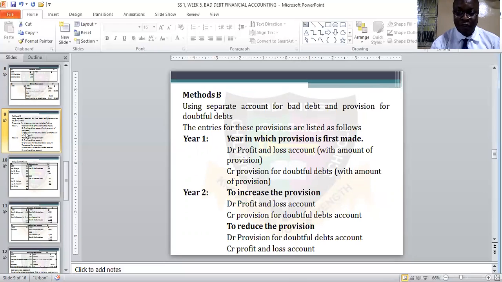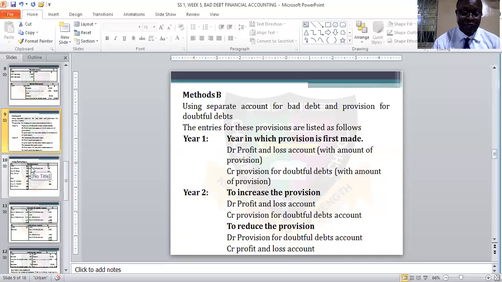In the year in which provision is first made, you debit profit and loss account with the amount of the provision, then you credit provision for doubtful debt with the amount of the provision. Then in year 2, to increase the provision, debit profit and loss account and credit provision for doubtful debt account. Then to reduce the provision, you debit provision for doubtful debt account and credit profit and loss account. So that is the method.